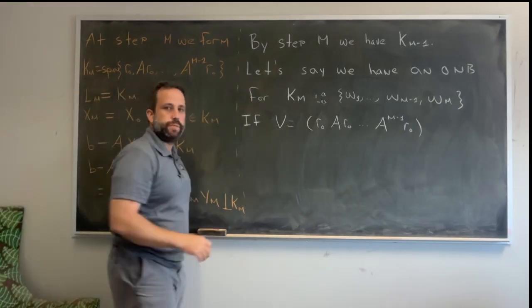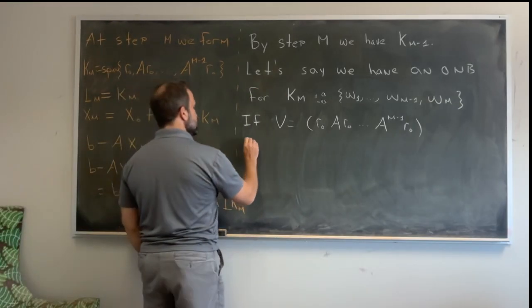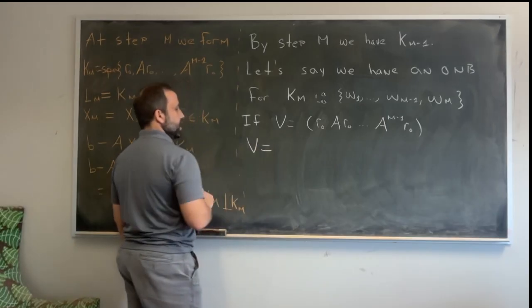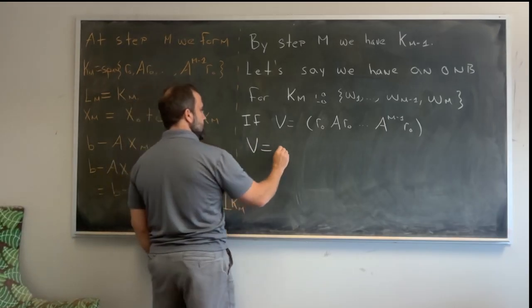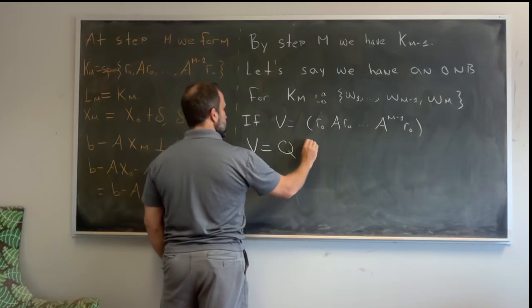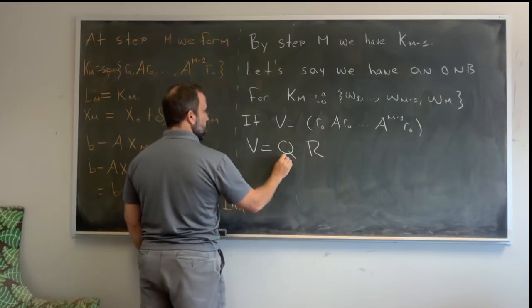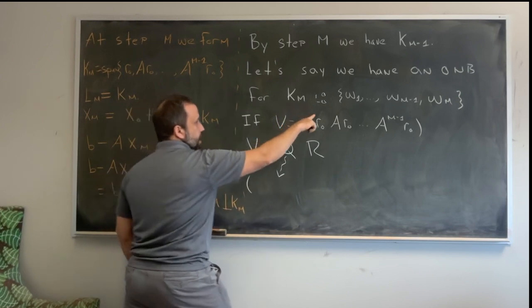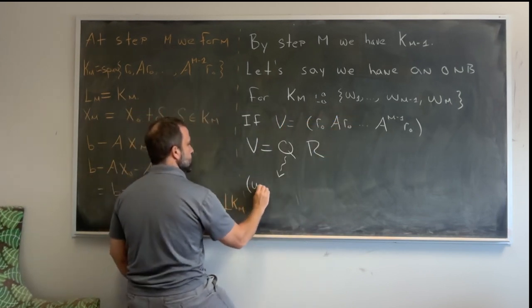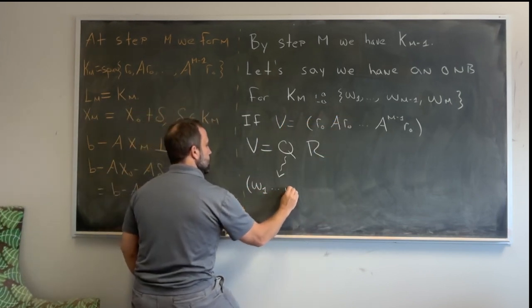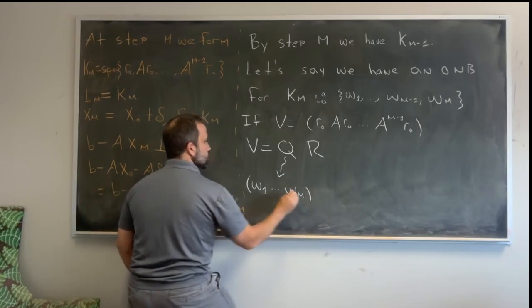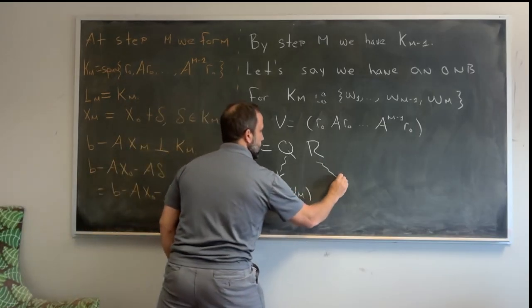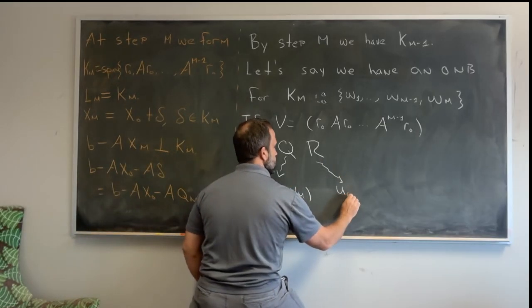Then this Gram-Schmidt orthogonalization process we just did gives us a factorization of V. V is equal to Q times R, where the columns of Q are just going to be given by these orthonormal vectors here, w1 all the way up to wm, and R is upper triangular.